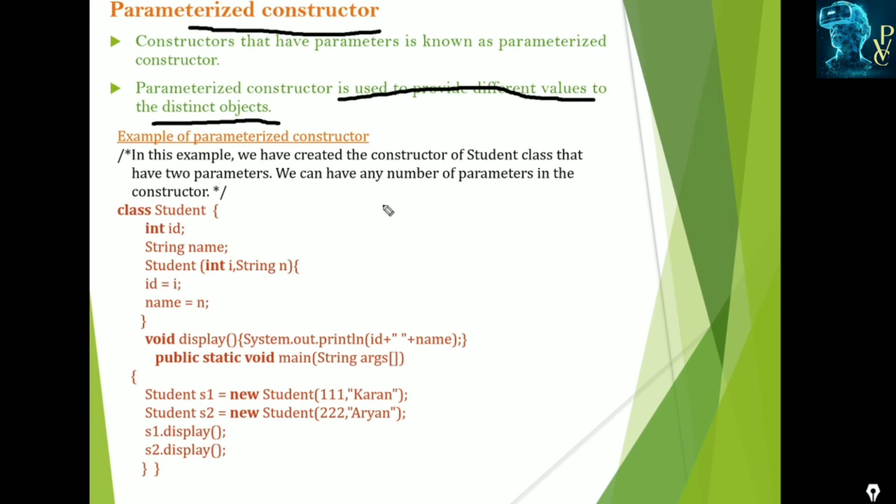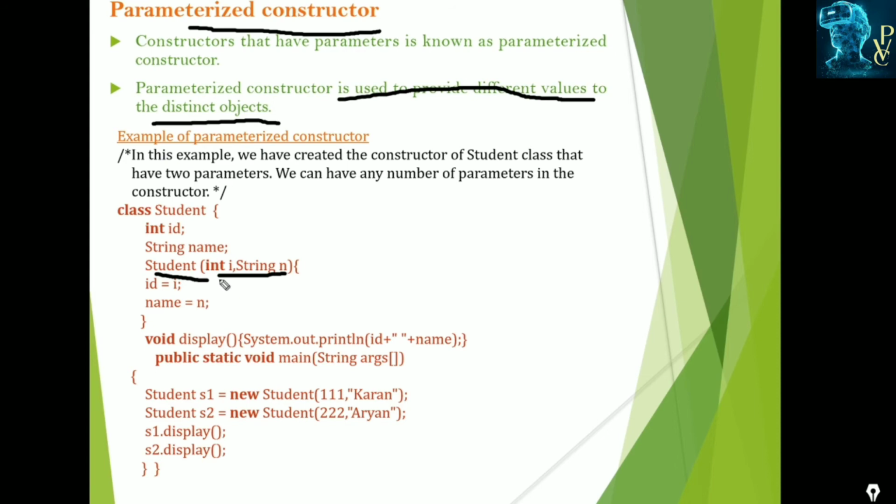Here I am creating the Student class which has two variables, id and name. Here I am creating the constructor Student which has parameters, one for the integer variable and another for the string variable. If we create the constructor with parameters, this is called the parameterized constructor.